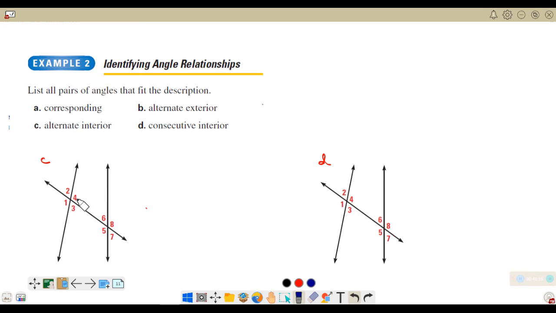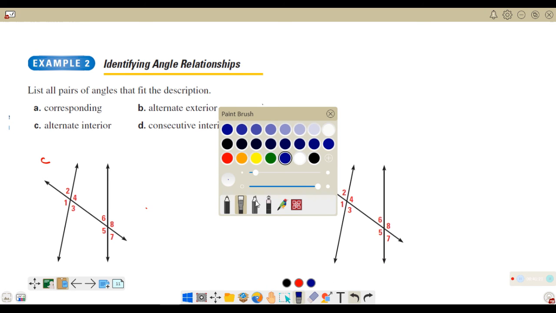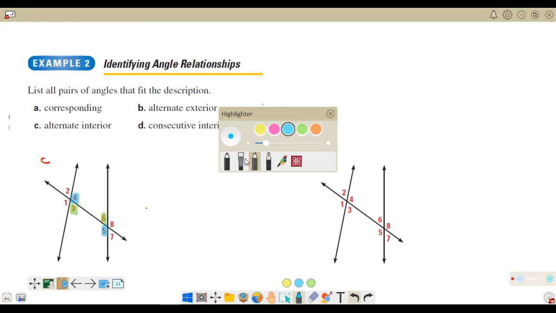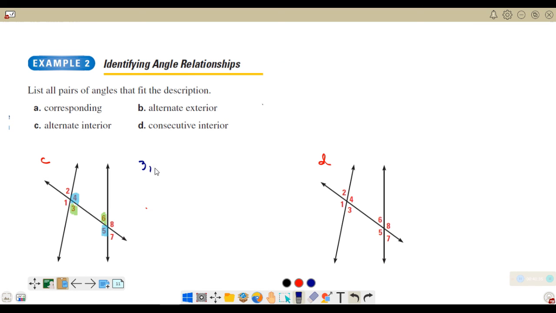Alternate interior. So, ang titingnan lang natin ay si 3, 4, 5, 6. Must be interior angle. Must be non-adjacent. Tanggal na si 4. Must be from opposite side. So, 3, 6. And then si 4 kay 5. We have 3 and 6, 4 and 5.